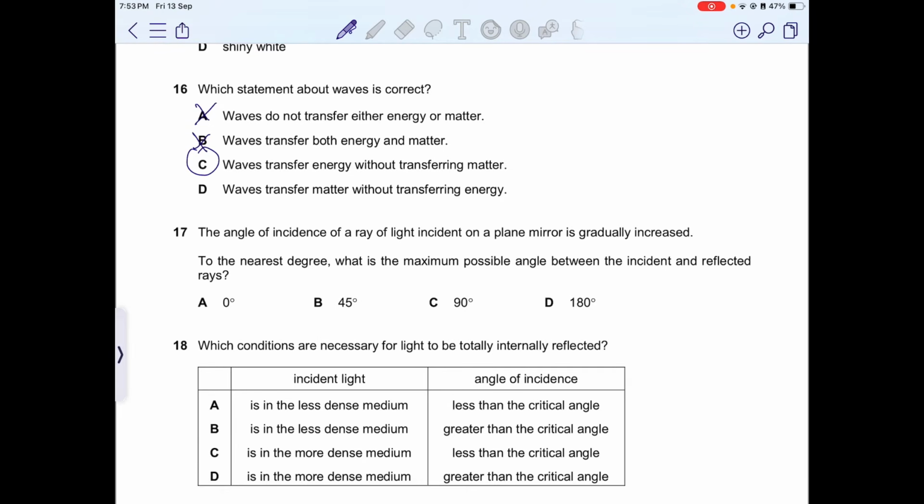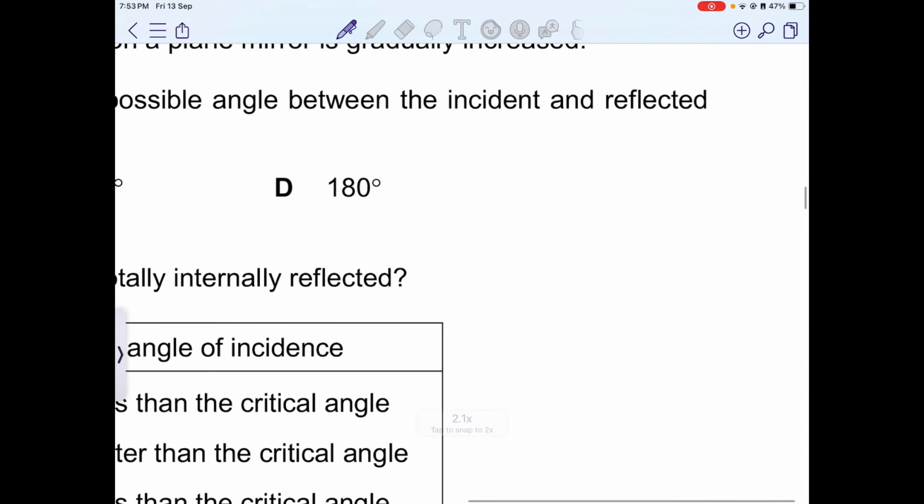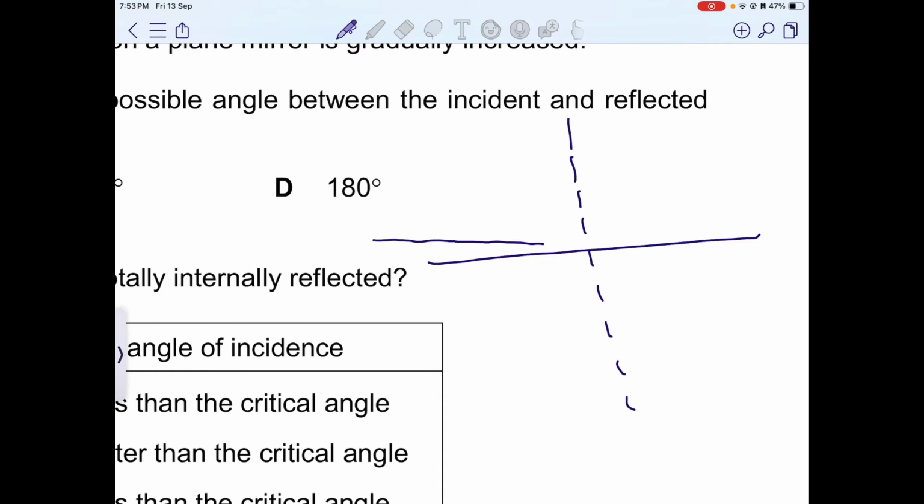Alright. Now it says that the angle of incidence of a ray of light incident on a plane mirror will gradually increase. To the nearest degree, what is the maximum possible angle between the incident and the reflected rays? Now for this question, I will show you in the diagram. If you consider this as a surface like a mirror and this as your normal line, I could have a very large angle of reflection. For example, I'm trying to make it as close as 179 degrees.